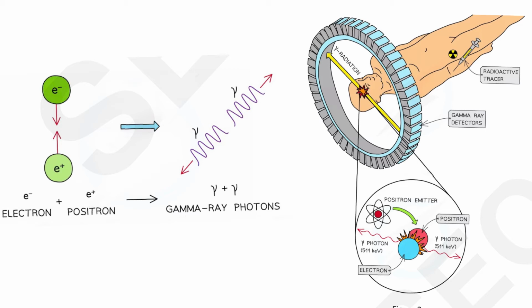So the gamma photons emitted from your tumorous cells will be much more, so it will light up. On the screen, they will plot it as a very bright area. That is the tumor, whereas regular cells won't consume so much glucose.